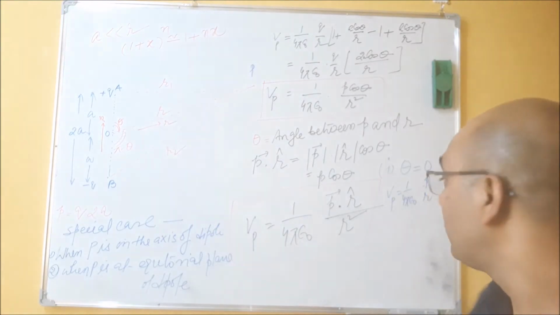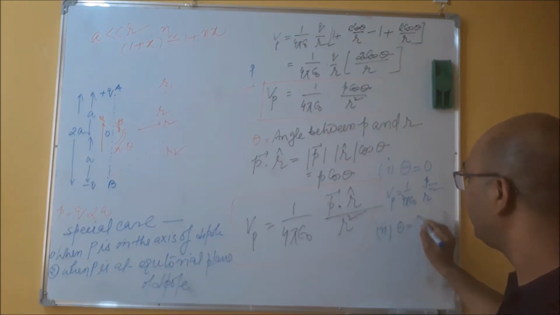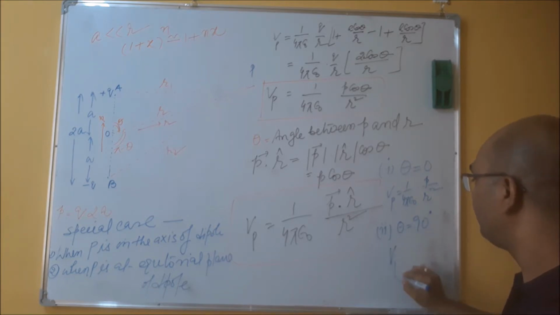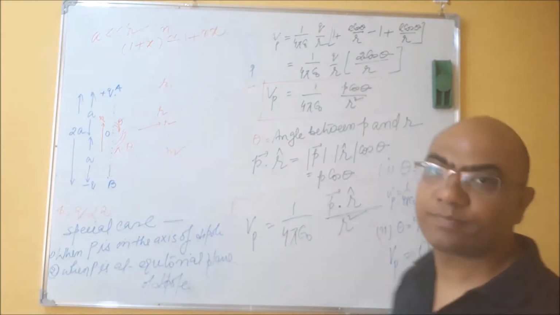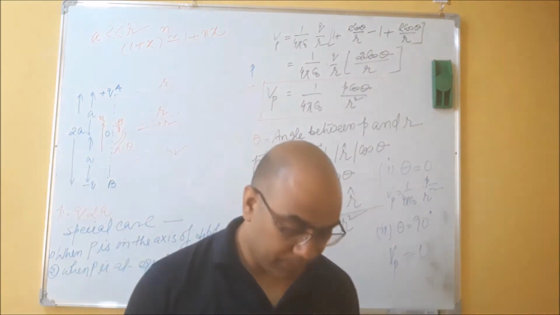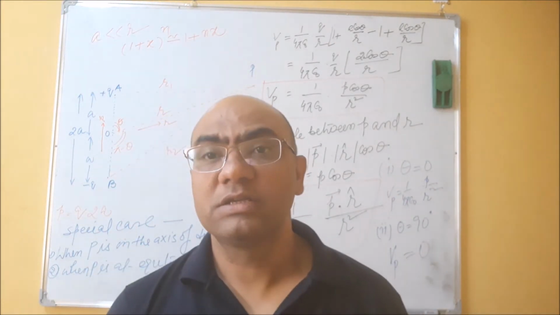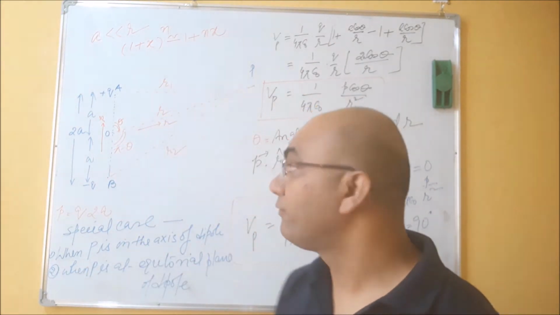And in the second case, theta will be 90 degrees, so the value of Vp will be 0. Right? So I hope the concept of potential at a dipole is clear to you, and you see the difference.